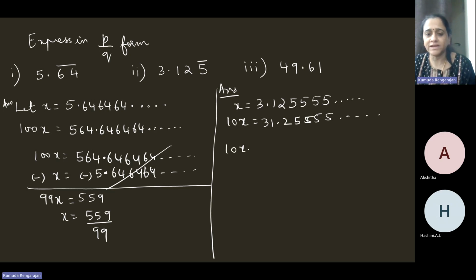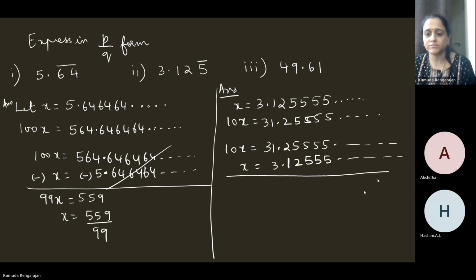Now subtract, write 10x first, 31.2555, then x is equal to 3.12555 going on like that. Write it carefully. Correct?